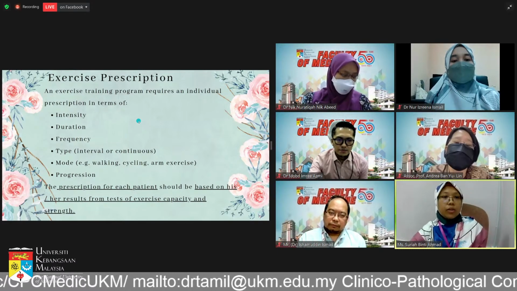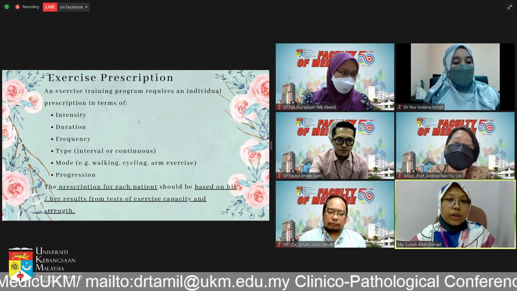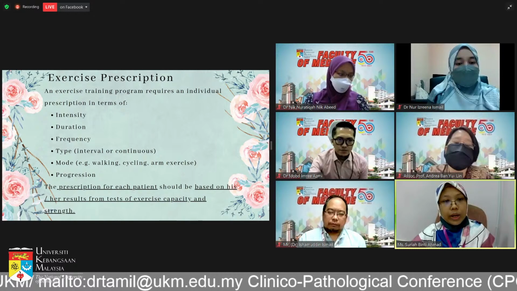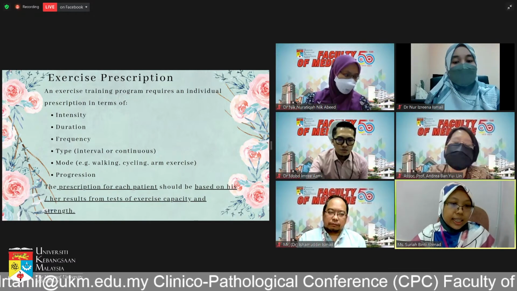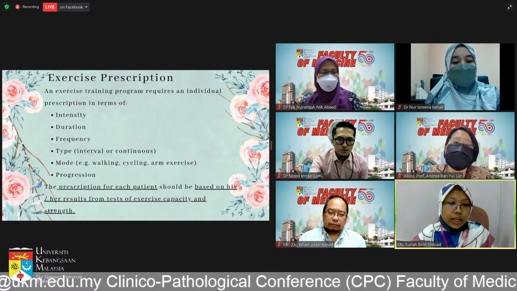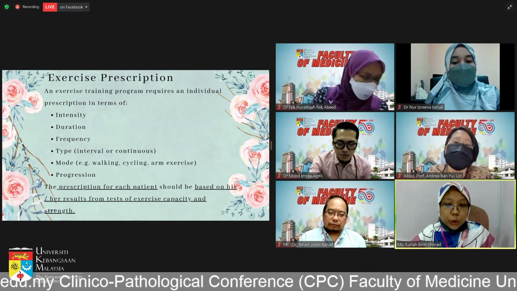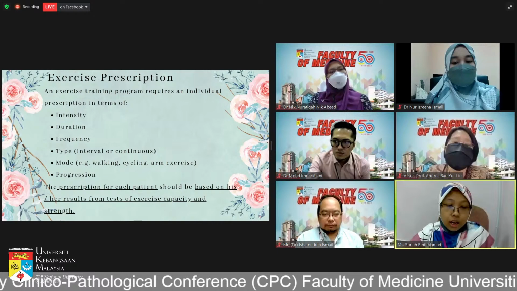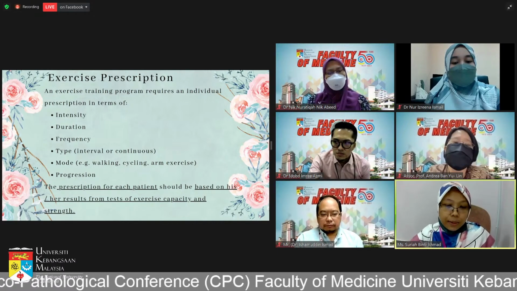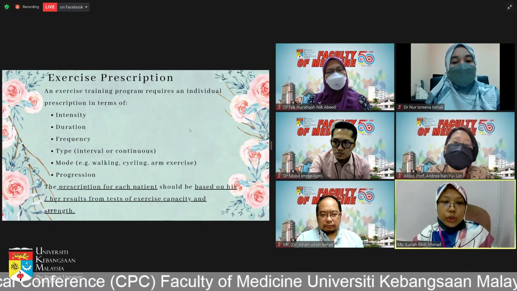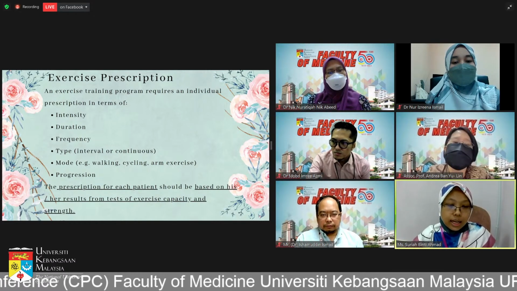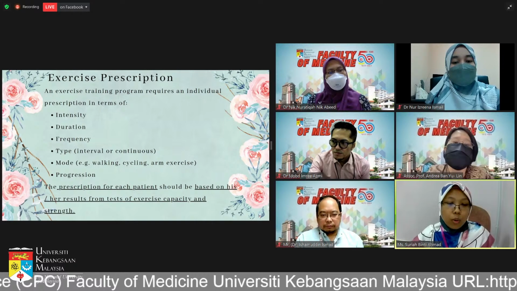For exercise prescription, we require these items: intensity, duration, frequency, type, mode, and progression. The prescription for each patient should be based on his or her level, and results from tests of exercise capacity and strength. So for example, after we do the 6-minute walk test, we then prescribe the exercise for walking.